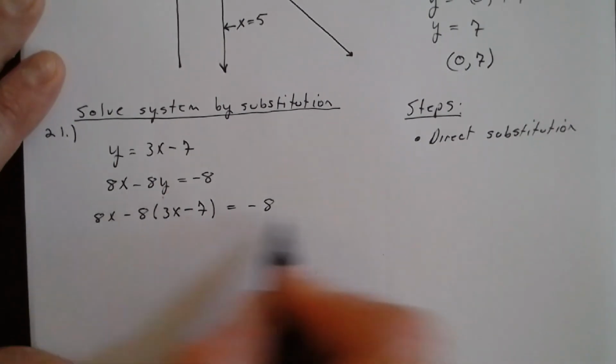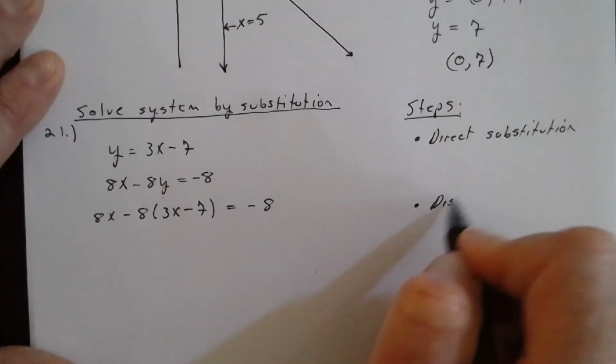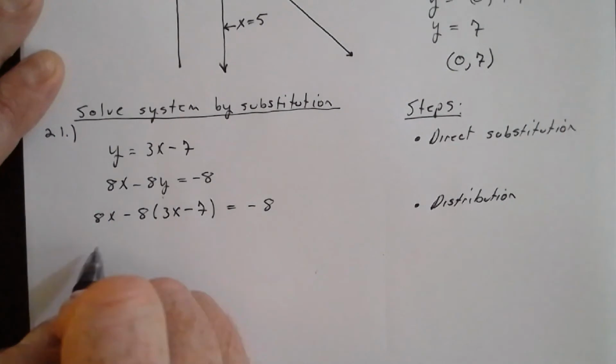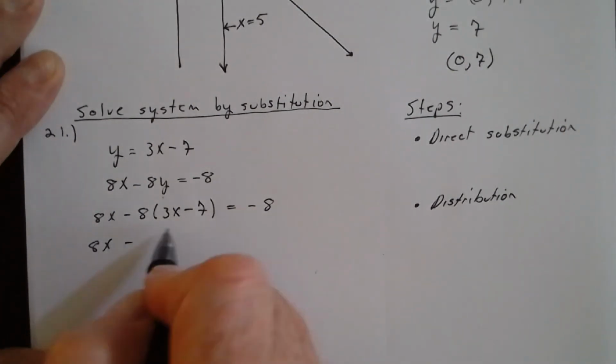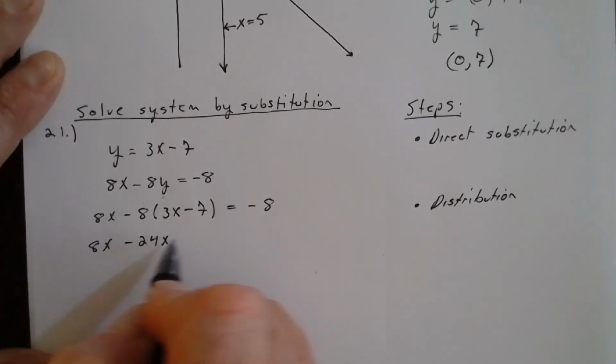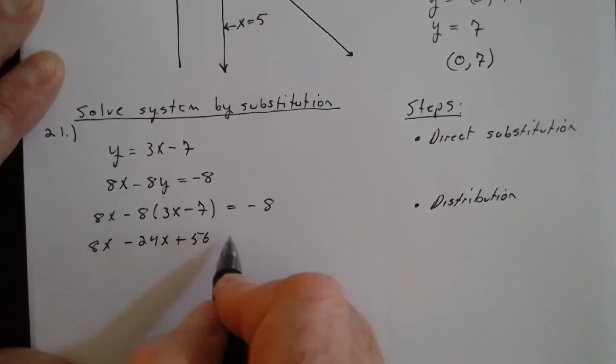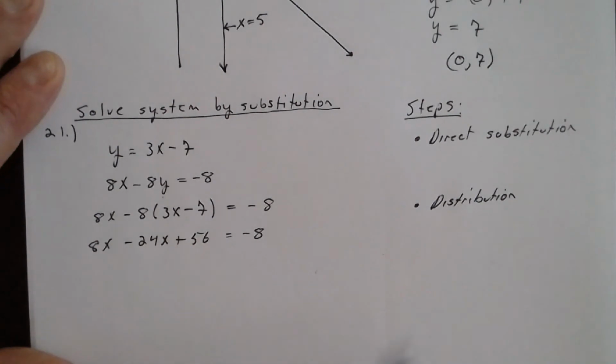And of course, we want to do distribution. And that's going to be 8x minus 8 times 7 is 56. And that's -8. We're going to combine like terms.